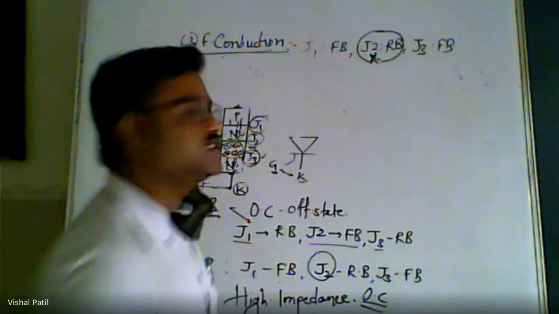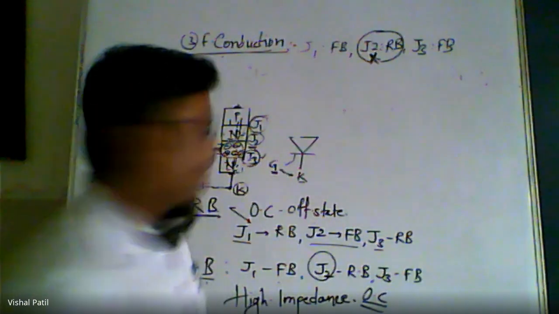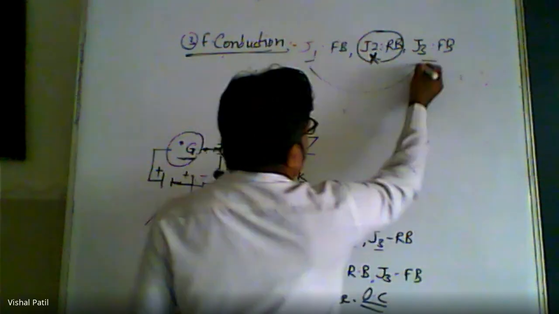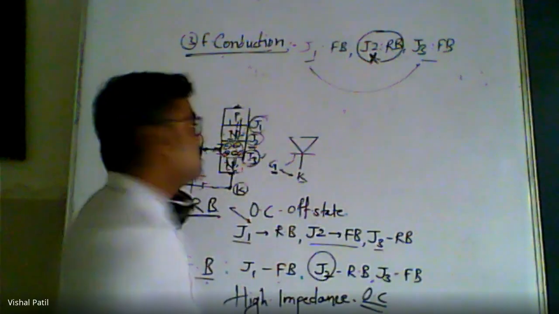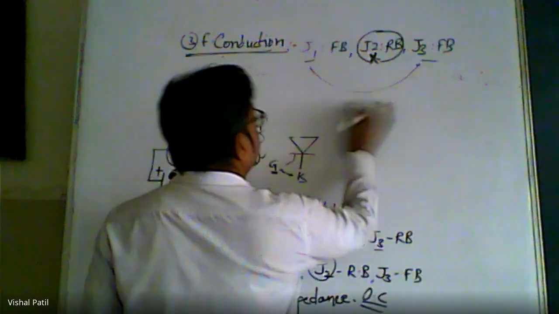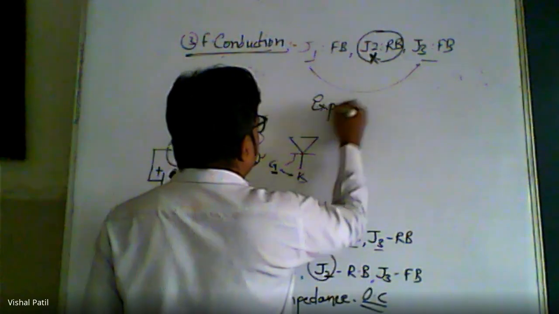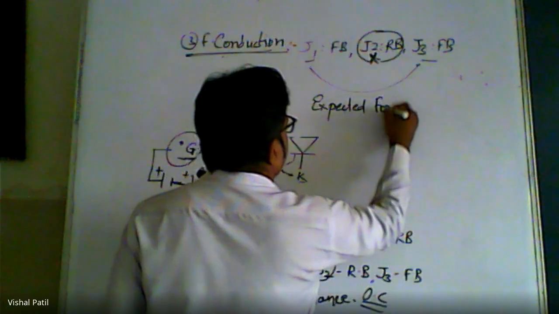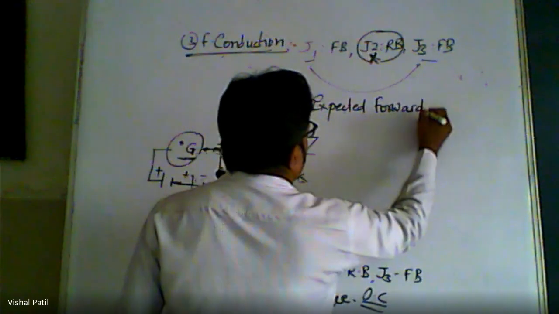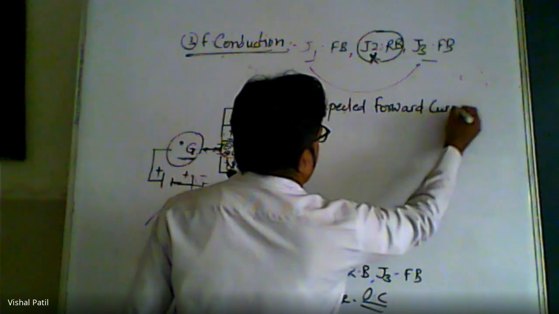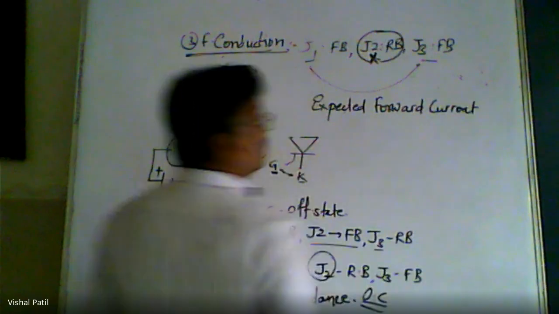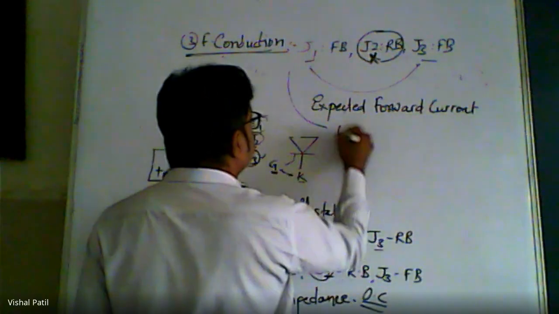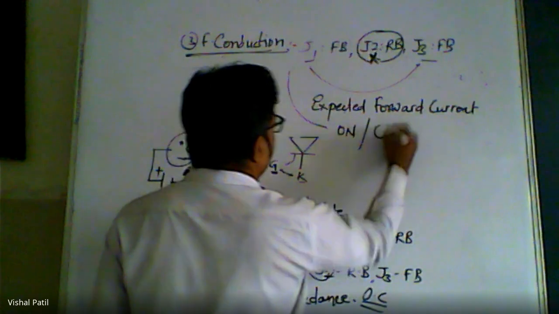Only two junctions are now present, J1 and J3, and both are forward biased, because of which we get the expected forward current, and we may say the switch or the device is in the on state, or closed.